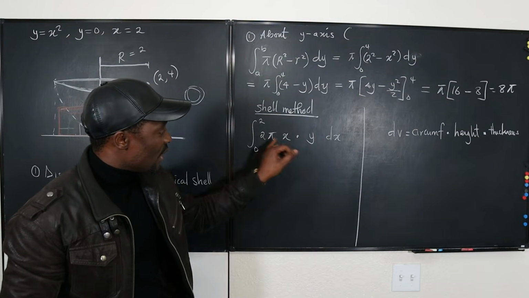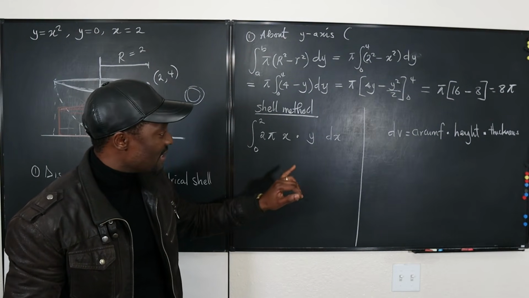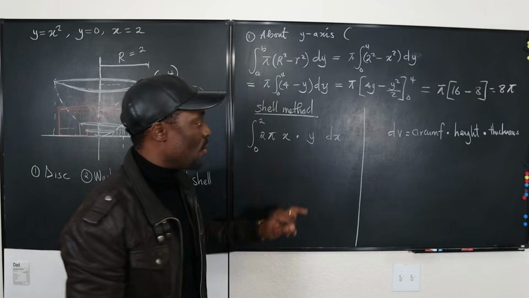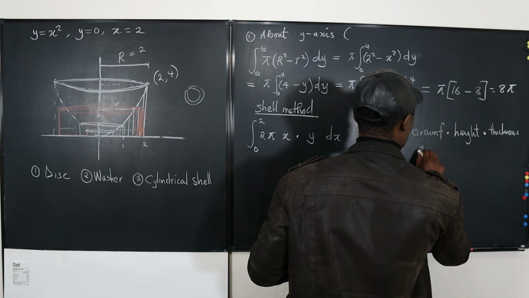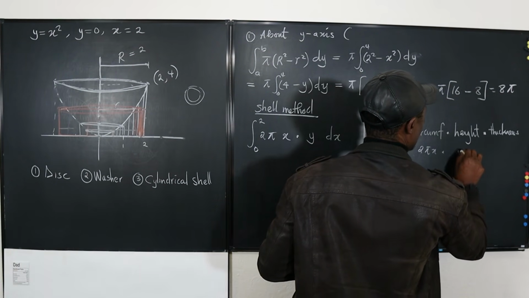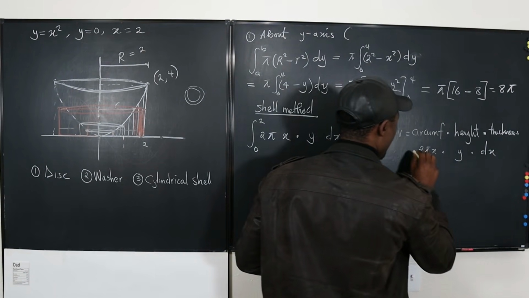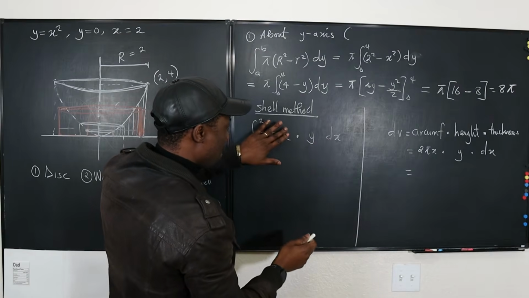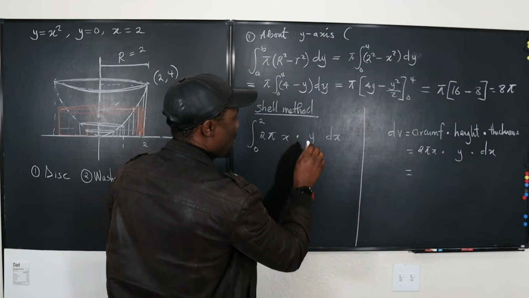Beautiful. The only thing that is not okay is the y, because we're integrating with respect to x. So what we have here is 2 pi x times y times dx. But this y has to be changed, because I cannot put y here.